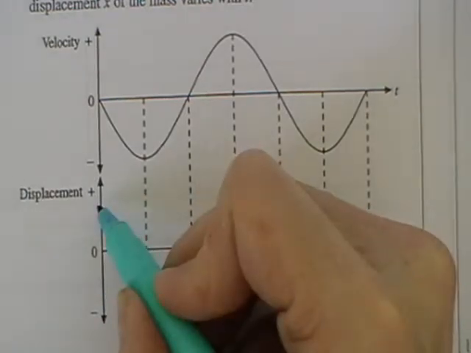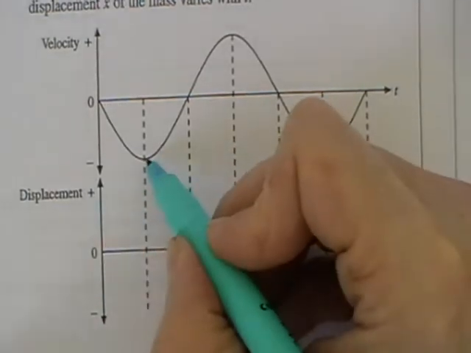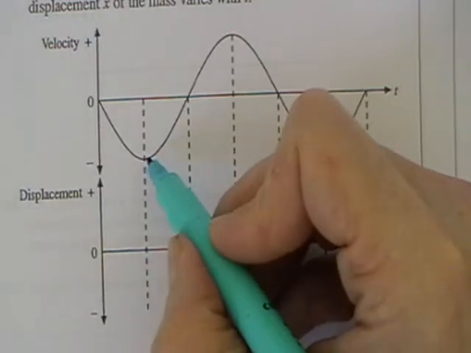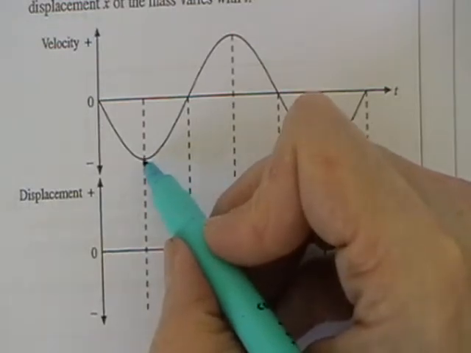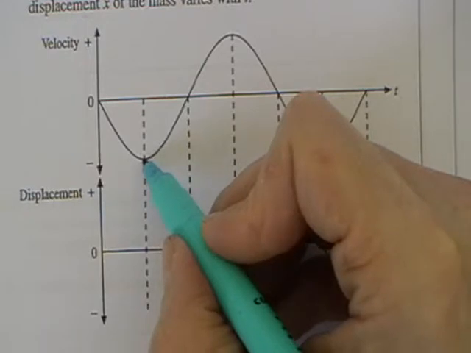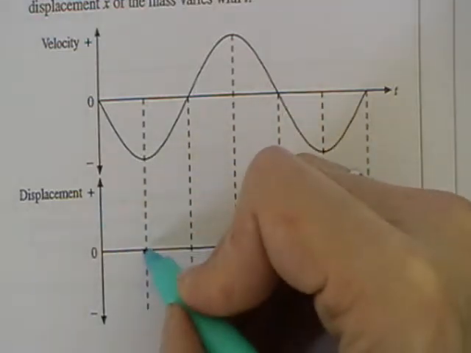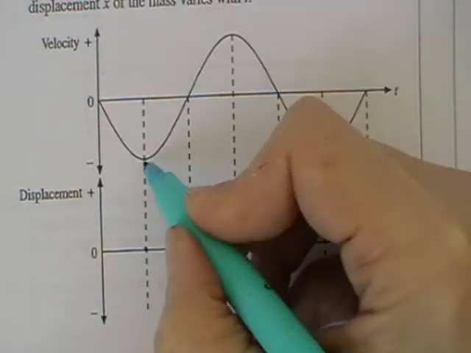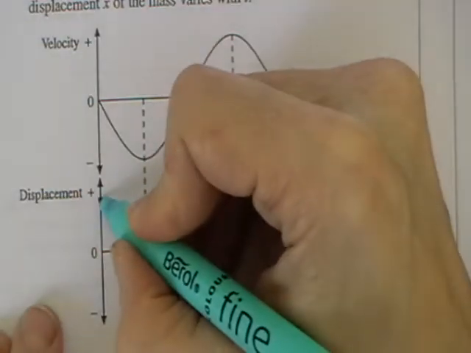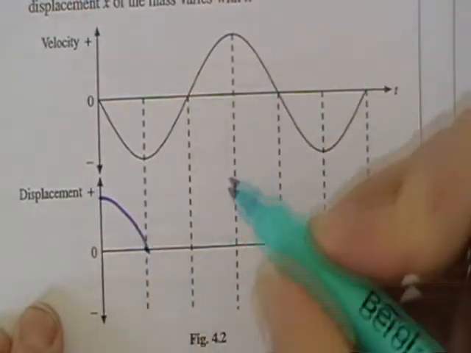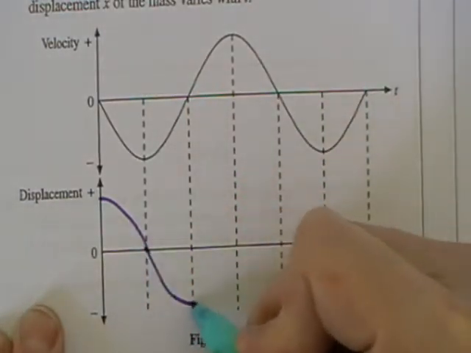But you can tell by looking at the next part of the graph: whenever the velocity is minus and maximum, the graph is going down through here to get a negative and maximum gradient. And so your graph is going like that. And then that just gets you the rest of your graph, of course.